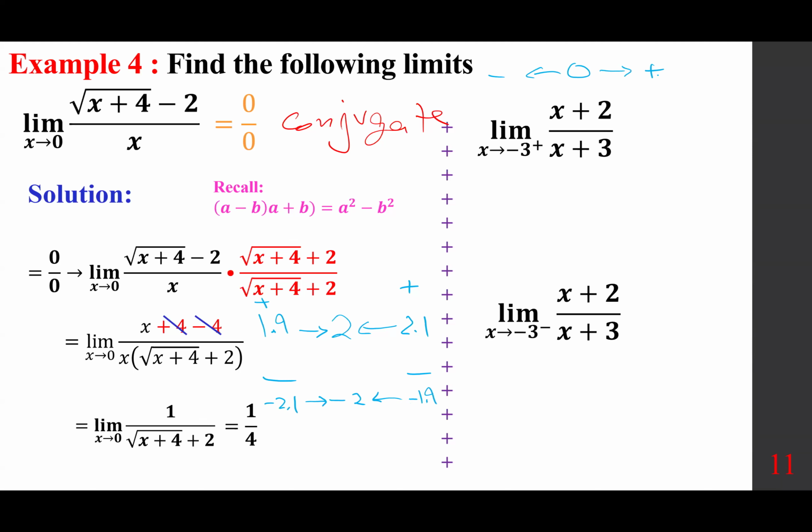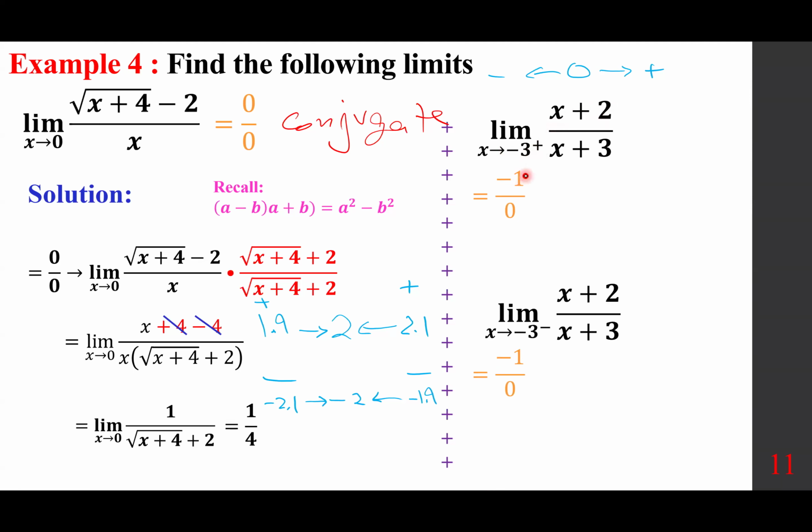Now, if you don't pay attention to negative 3 from the right or from the left, just plug in negative 3. The numerator becomes negative 1, the bottom becomes 0, and the same thing for the second. But you have to pay attention, and I'll tell you why. For the numerator, it doesn't make any difference. Here's the reason. If I put negative 3 from the right or from the left, when I add it to 2, it becomes very close to negative 1.